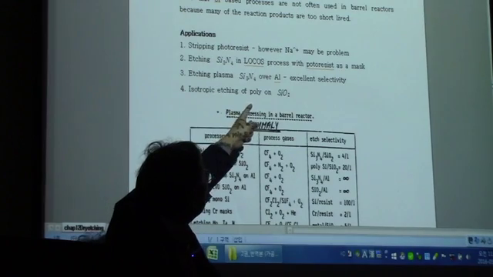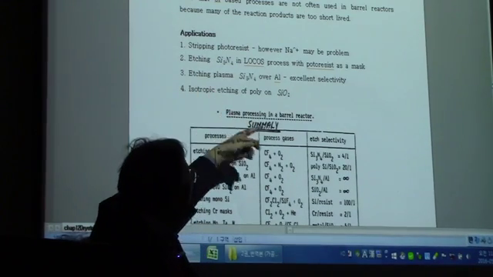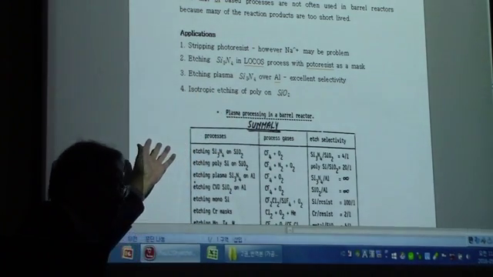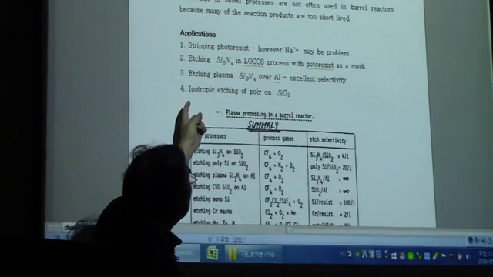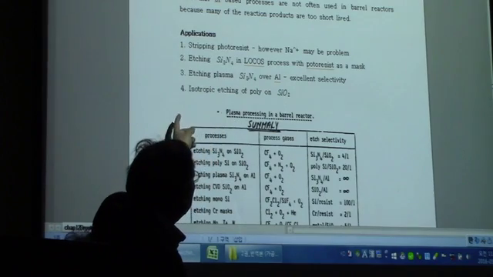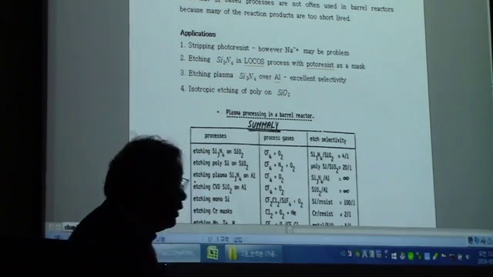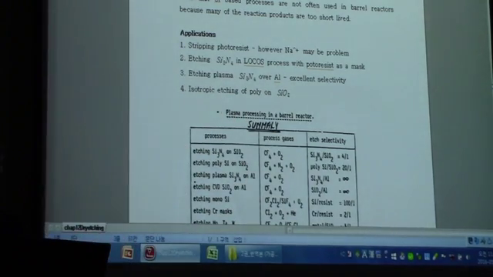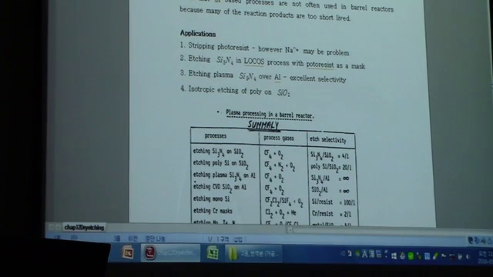And the LOCOS process, silicon nitride etching, we use a barrel type reactor. That's much better. Etching a plasma over aluminum, and isotropic etching, if you need isotropic etching, sometimes you need that, then this barrel type reactor is going to be used for that.